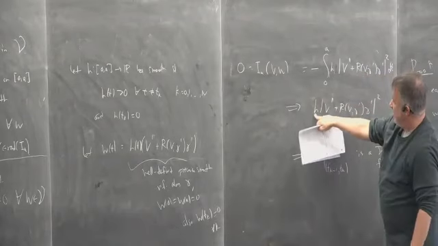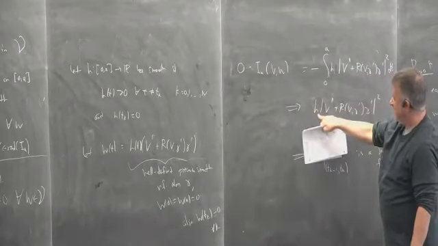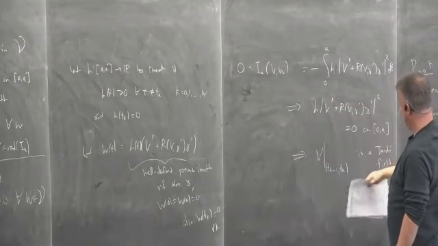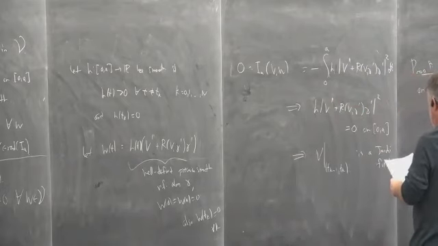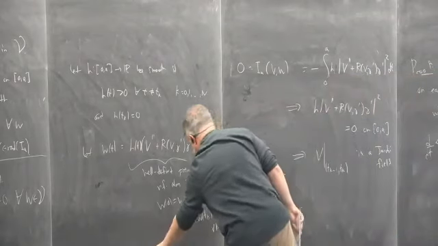Right? Because H is not 0 away from the tk, so this thing has to be 0, and that's the Jacobi equation. Now we're going to choose another vector field.